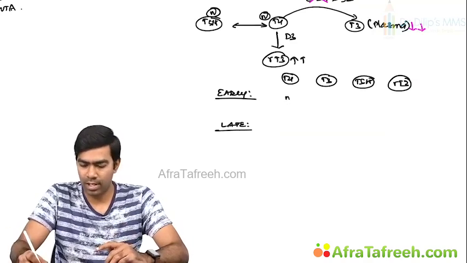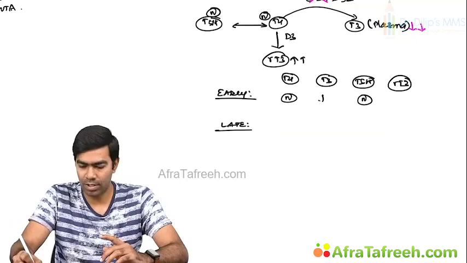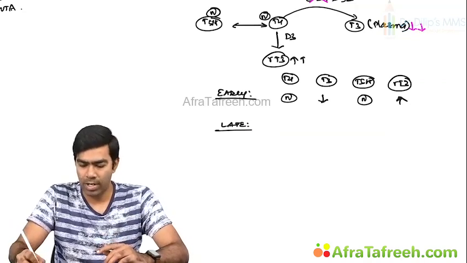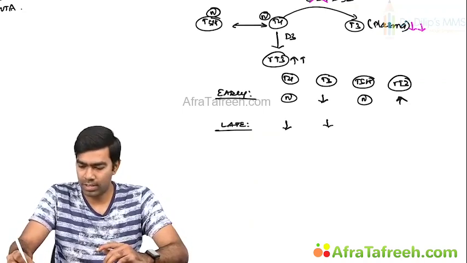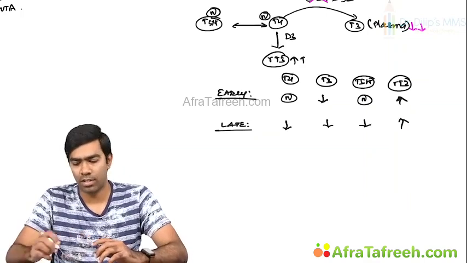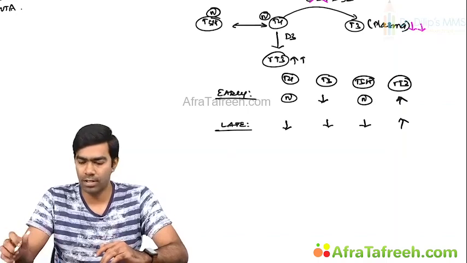Remember, in early state, T4 and TSH tend to be normal, whereas the T3 levels will drop and reverse T3 levels will increase. And in late sick thyroid state, all the hormones will decrease except for the reverse T3, which might increase. So this is what happens in severe sick state, or if the patient is having a late sick thyroid state. Clear? So this can be easily understood from a particular image which I am going to upload now.